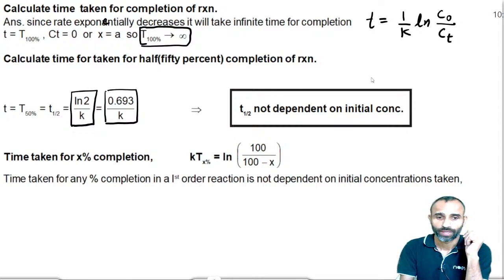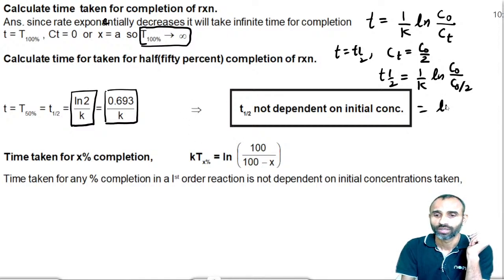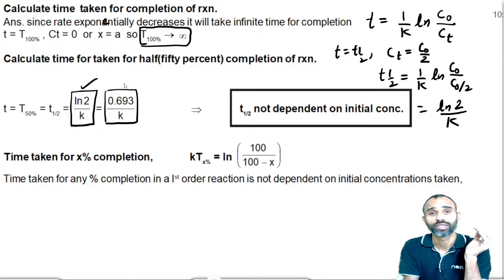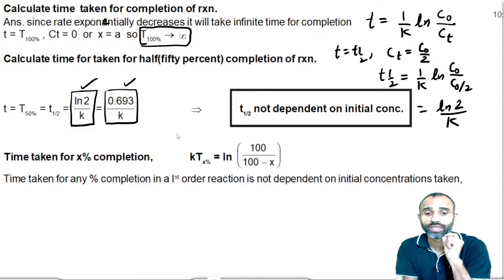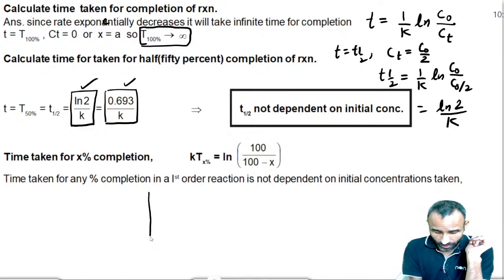So for 50%, that is t half, concentration is half of its initial value. Therefore, half life equal to 1 upon k natural log of C naught by C naught by 2 comes out to be natural log of 2 by k, or 0.693 upon k. So half life is independent of initial concentration.